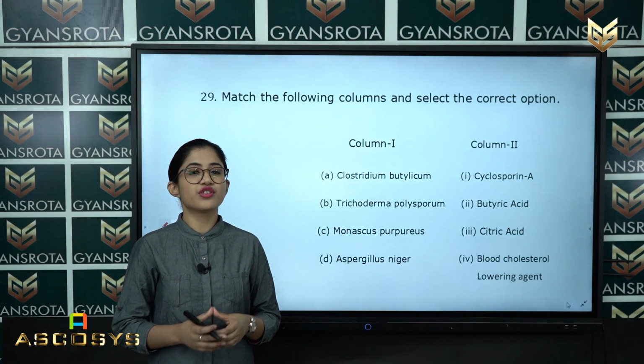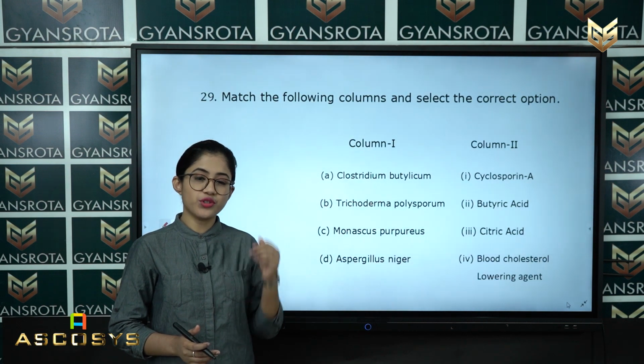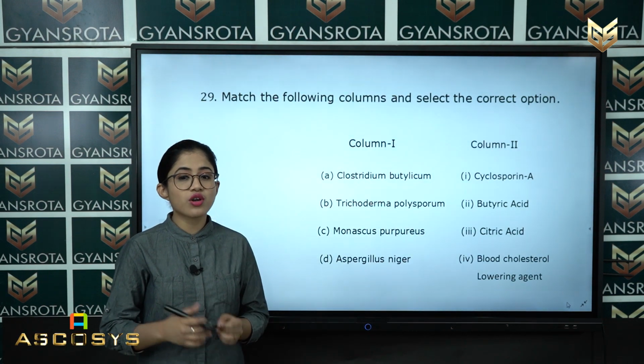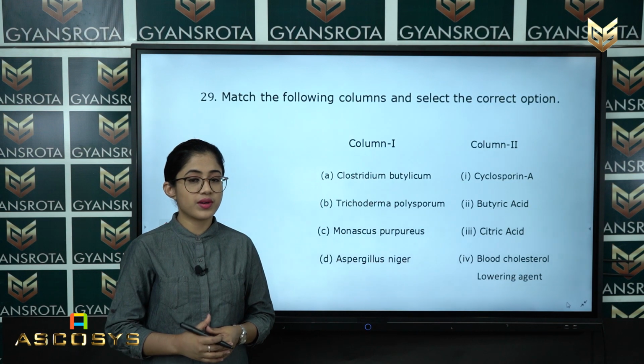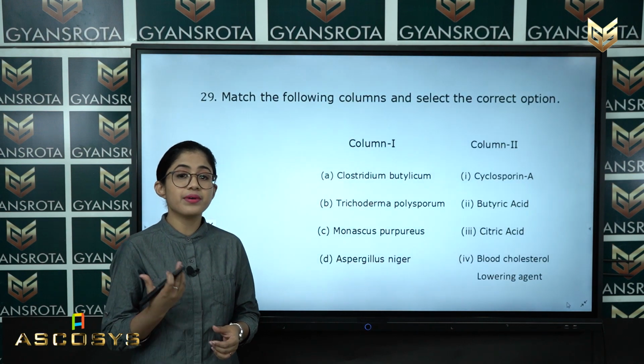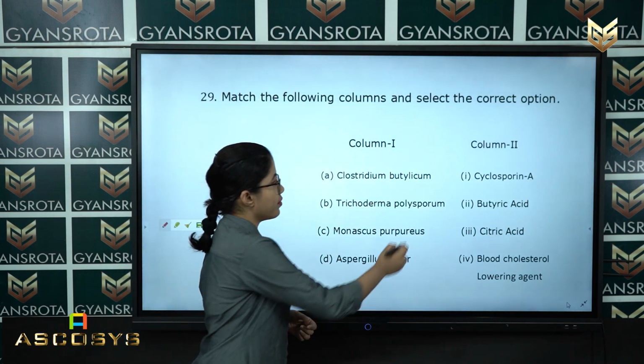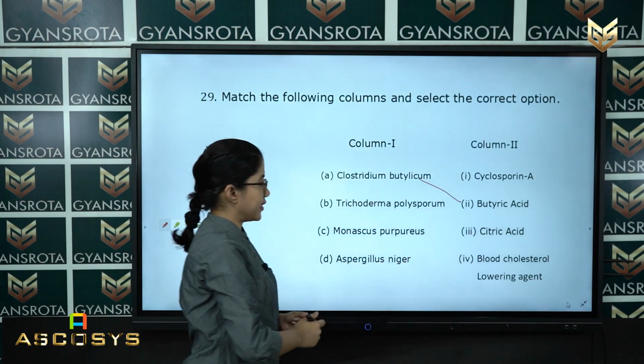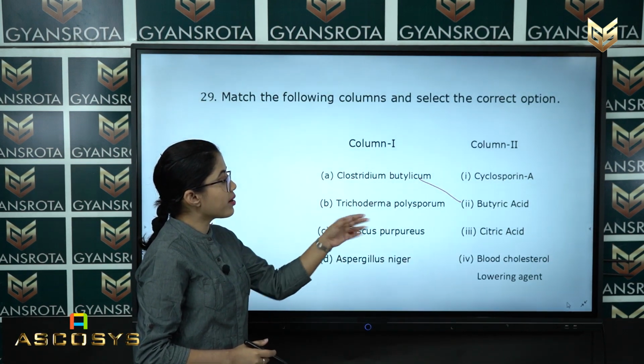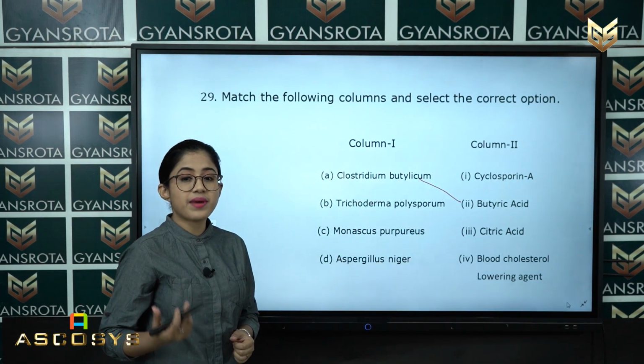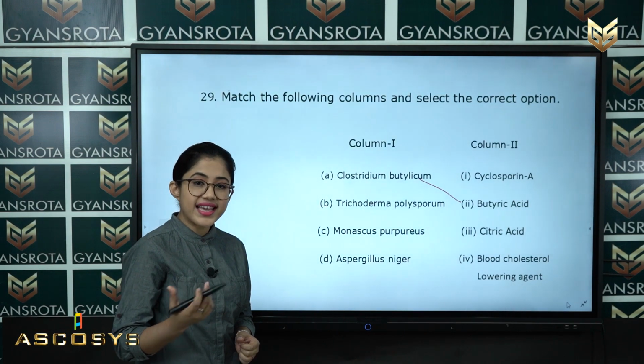Student, we need to match column 1 with column 2. The first one is Clostridium butylicum. What does it release? It releases butyric acid. So it matches with butyric acid. Next is Trichoderma polysporum. That matches with cyclosporin A.